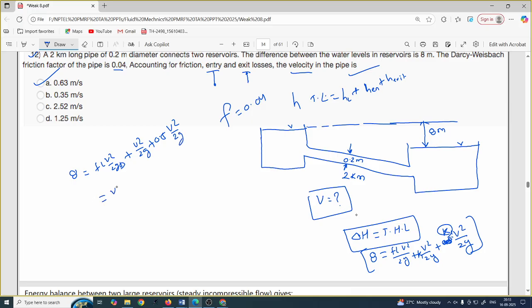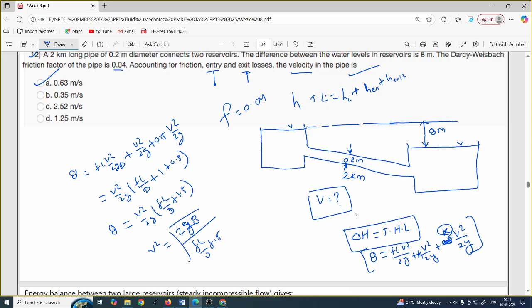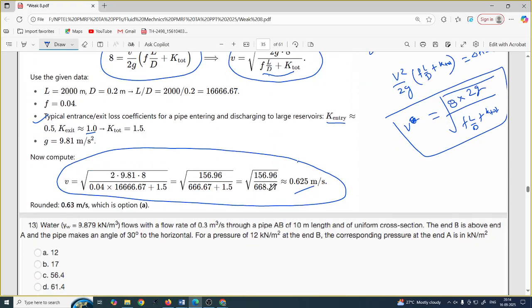So you can take V square by 2g common, f L by D will remain, plus 1 plus 0.5, which is 1.5, and here is the 8. The final expression will be 2g times 8 divided by (f L by D plus 1.5). The similar process: once you remove the square you get the root, and after calculation you will get 0.625.